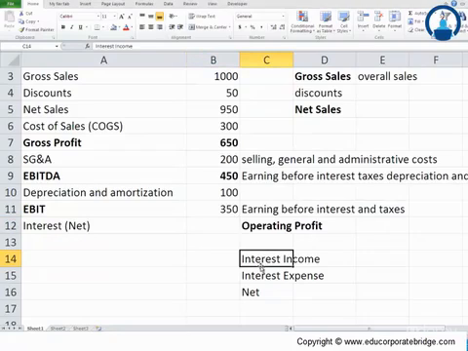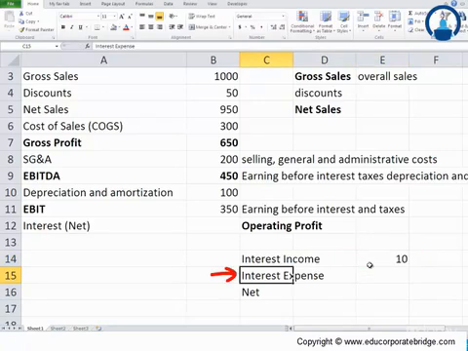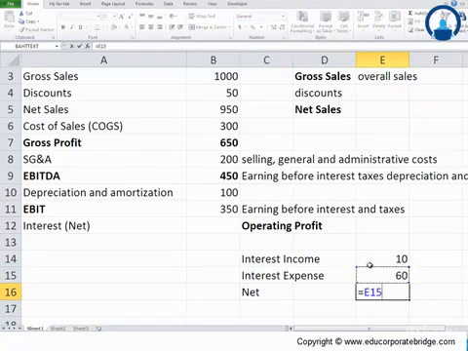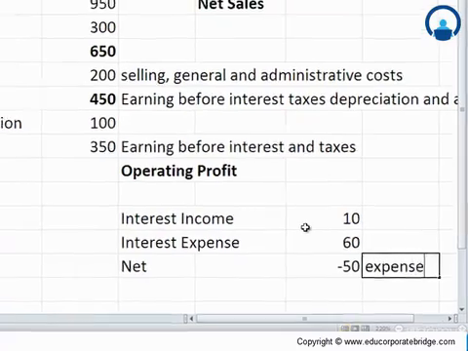So let us now calculate the net interest expense. The interest income, let's assume here, was $10, and the interest expense associated with the loan that the company may have taken, I'm assuming these numbers to be $60. So the net interest expense is basically the difference between the two, $10 minus the $60. This reflects that this is an expense, an outgo from the firm.